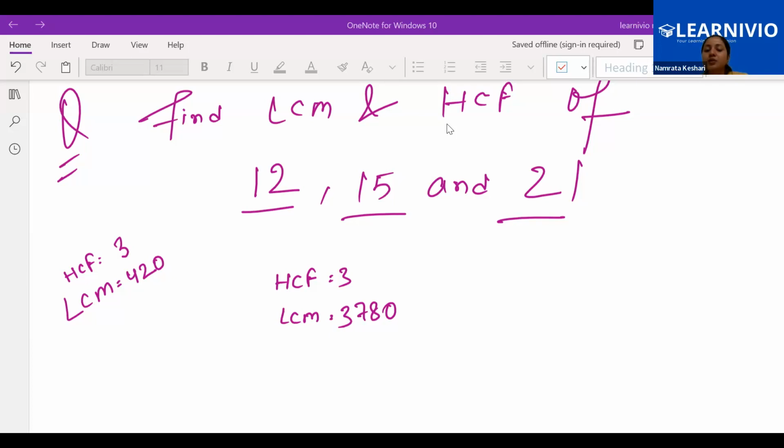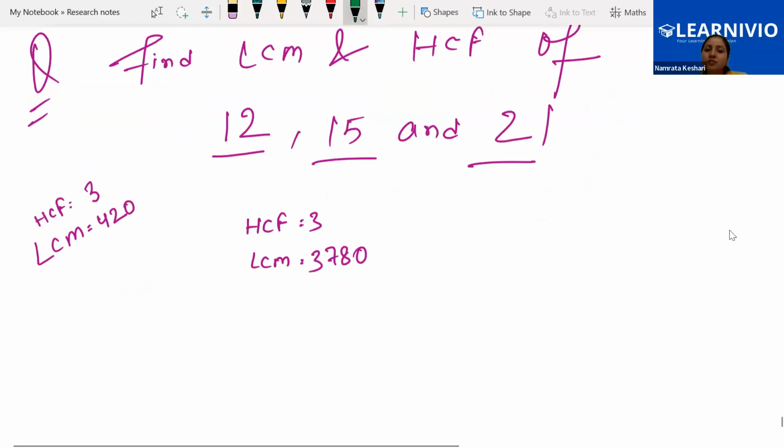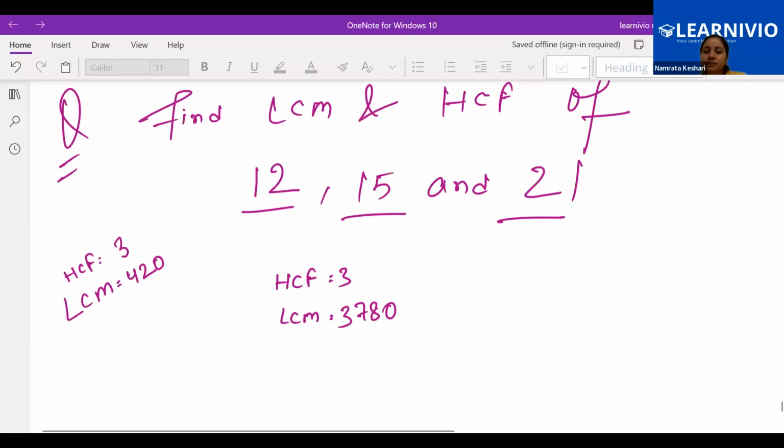Please let me know what you are getting. We just need to do the prime factorization of each and every number, and we have to check what is HCF and what is LCM. Have you done, Abdul? Please let me know whether you have tried it or not. Let's see what we are going to get.